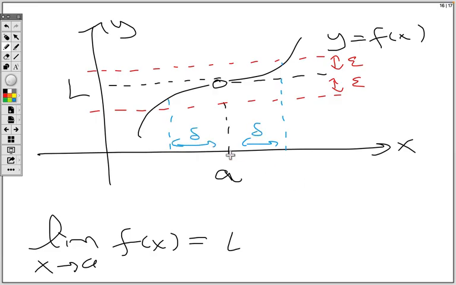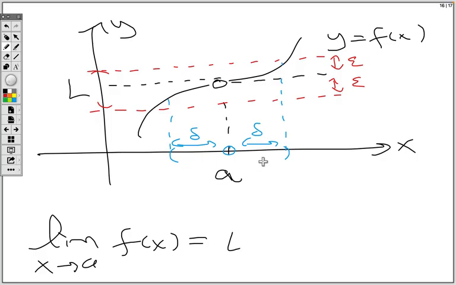So delta is how close we have to be to a without actually being at a, because we don't care about that, to guarantee that the outputs are within epsilon units of L. The way we get the function closer and closer to L is by getting the x's closer and closer to a. So that's the epsilon delta definition of limit.